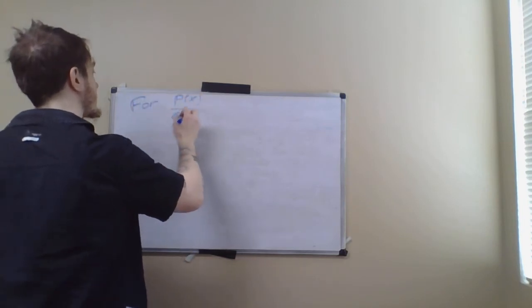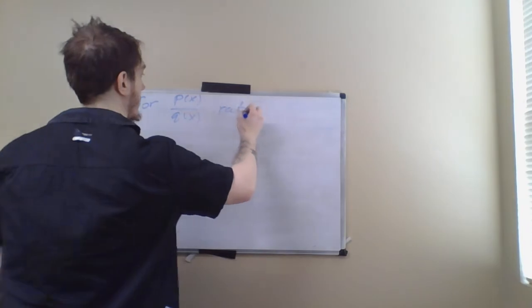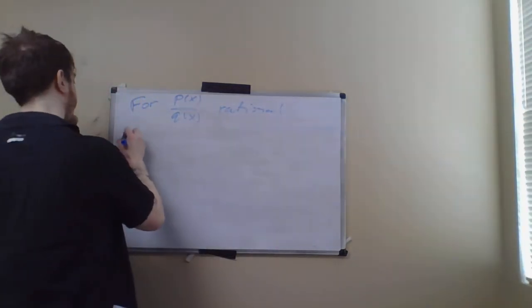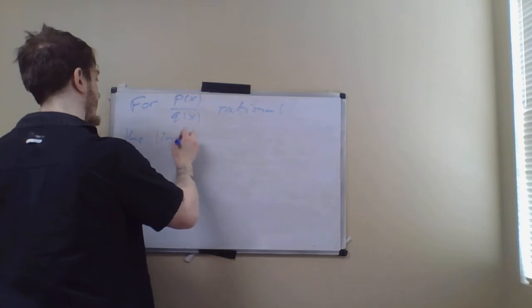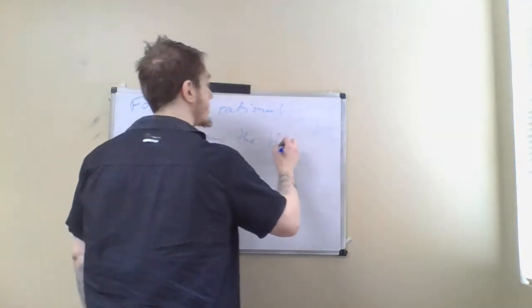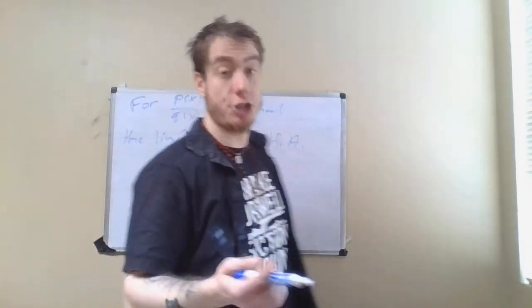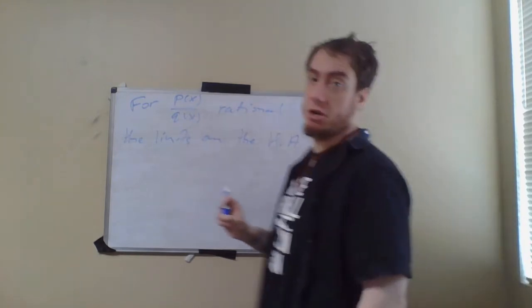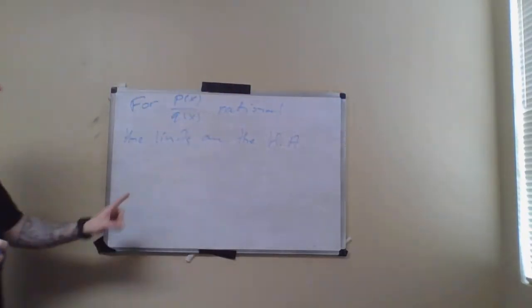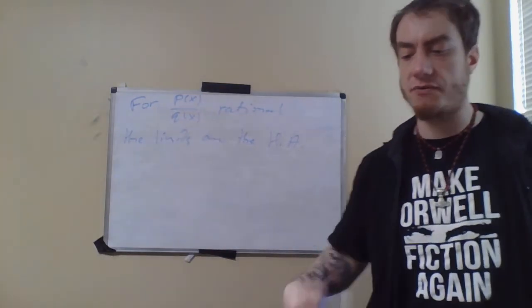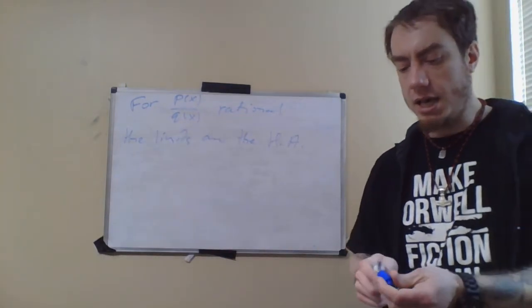So for p of x over q of x, rational functions, the limits are the horizontal asymptotes. I mean, in general, limits at infinity give you horizontal asymptotes. So that's nothing special. But what is special is that I know how to calculate these from the stuff we've talked about in pre-calculus. And how do we do that?